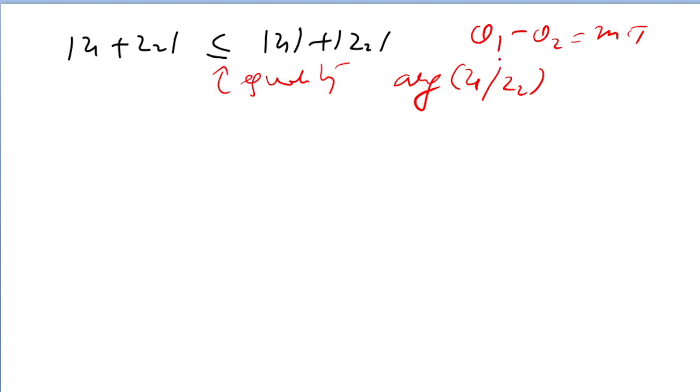We have discussed the division: the argument of z1 by z2 is theta 1 minus theta 2, so that is 2n pi.